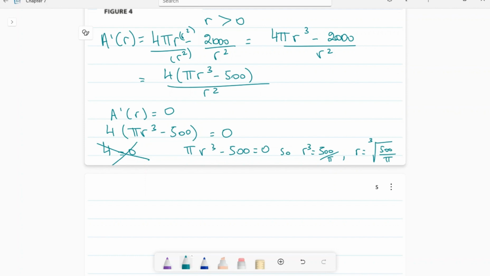Now, what can this help us with? We just found r, which is the cubic root of 500 over pi. This value is when the derivative is 0, so this is what we call a critical point. We can now use the first derivative test.